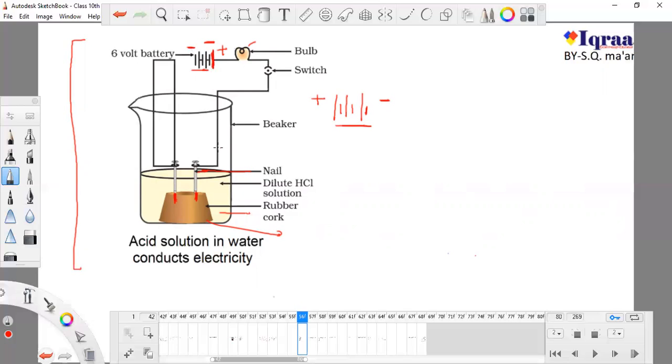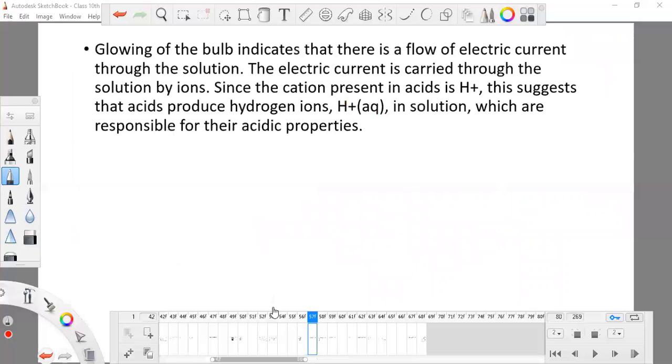The positive terminal will be the anode, remember this, and the negative terminal will be the cathode. The ions that move towards the anode are known as anions, and ions that move towards the cathode are known as cations.